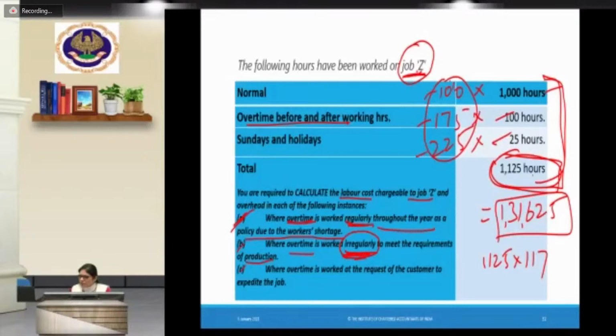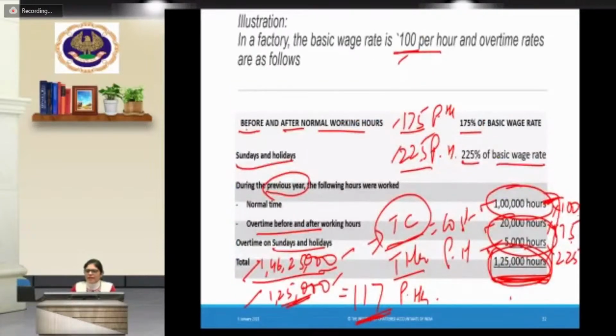Clear? So the normal cost will be 1 lakh into 100, and 20,000 into 175 and 5,000 into 225 will be part of the overhead cost of that department.